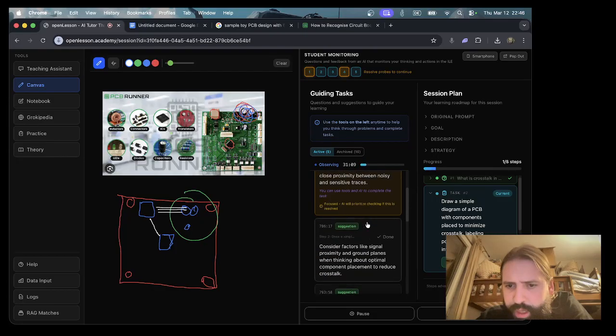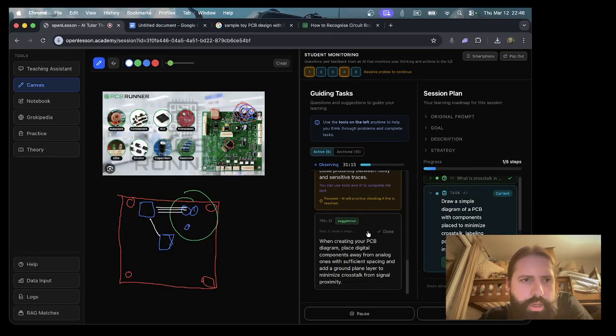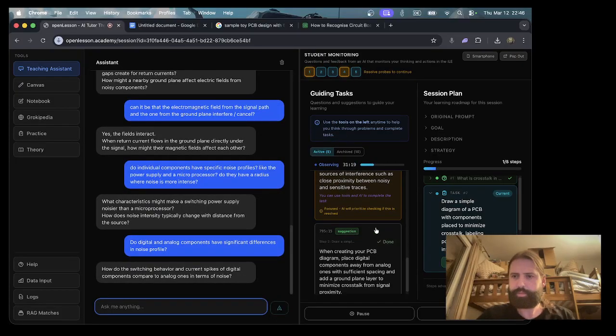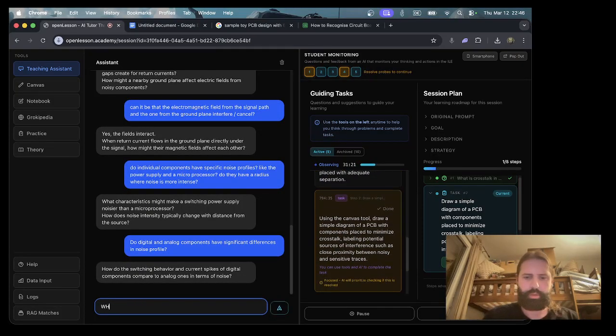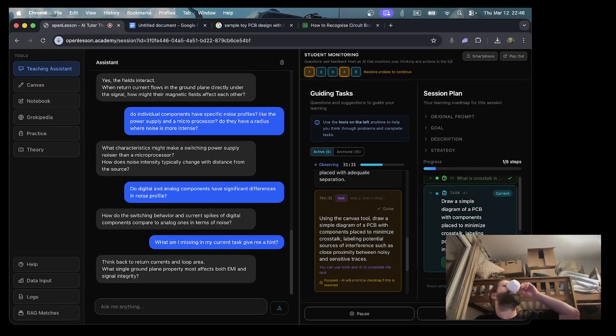What would be, what am I missing? What am I missing? Current path. Think back to the return currents and loop areas. What is a loop area?